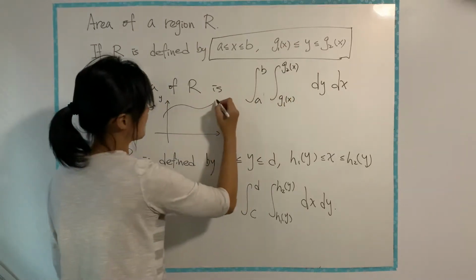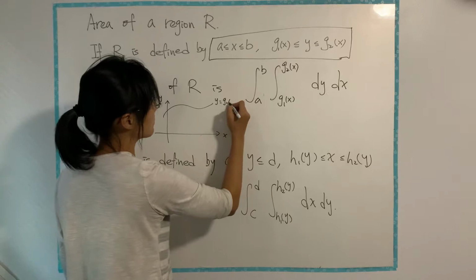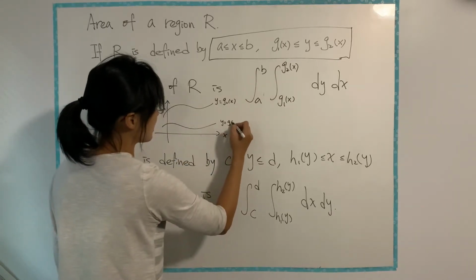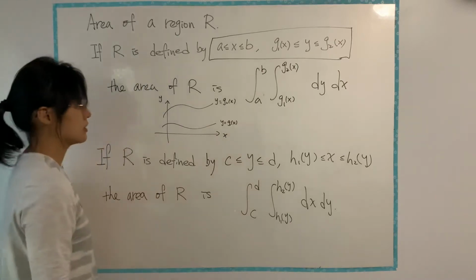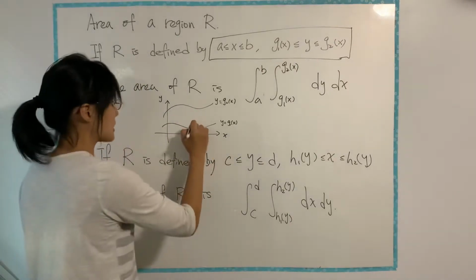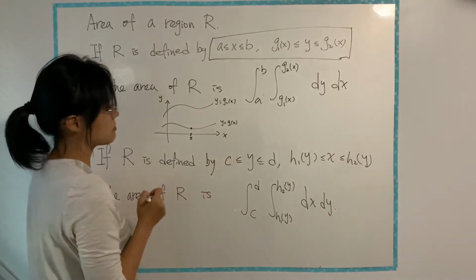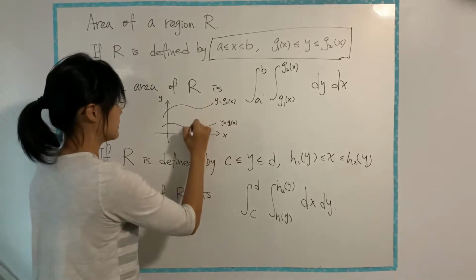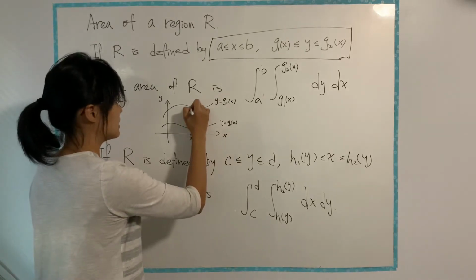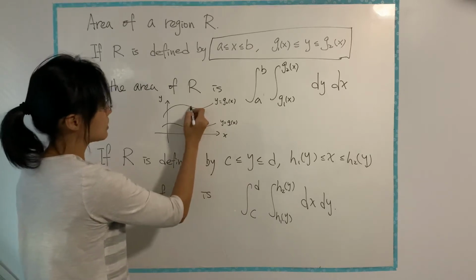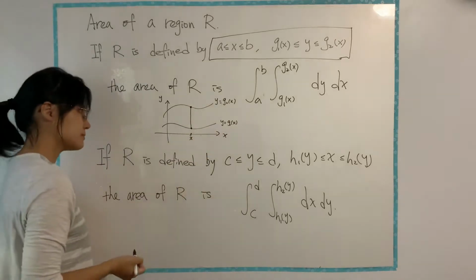That means I have y equal to g2 of x, that's larger, and y equal to g1 of x, that is smaller. So for each x value, I'm going to have an associated lower bound sitting at g1 of x, and I integrate with respect to y all the way to the point when y hits g2 of x.